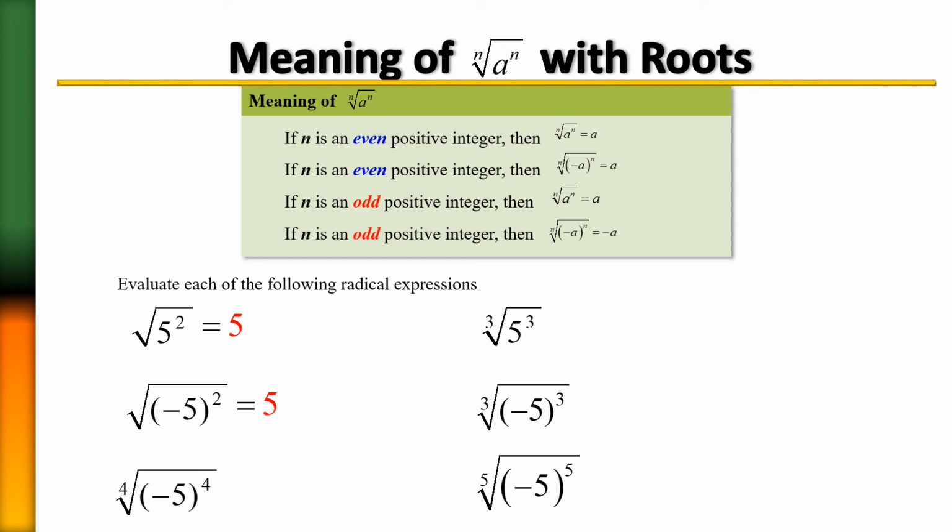This rule is just a quick way of coming up with your answer based on knowing these rules. But if these rules are confusing to you, then by all means compute it the regular way, simply solving the exponent first and then taking the square root of that number.